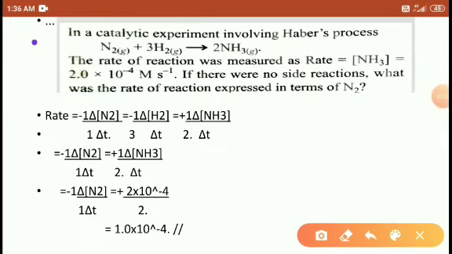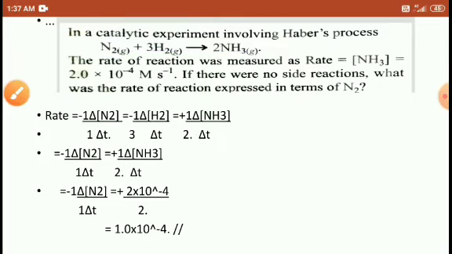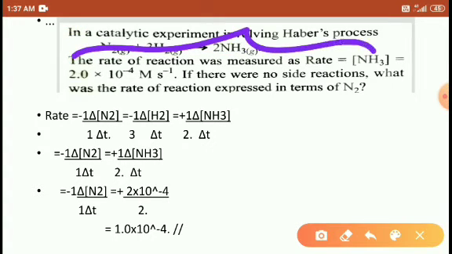The next example is in a catalytic experiment involving the Haber process, where nitrogen combines to form ammonia. The rate of reaction is measured as the rate of ammonia, that is 2.0 times 10 to the power of minus 4 molar per second. If there is no side reaction, it means there is no byproduct.